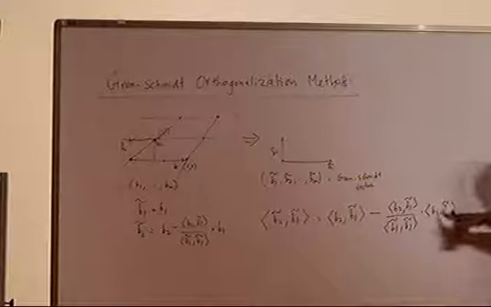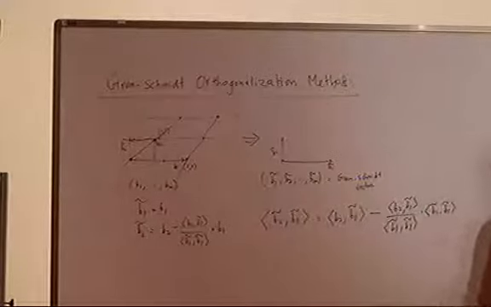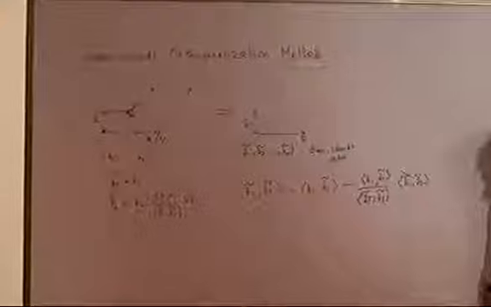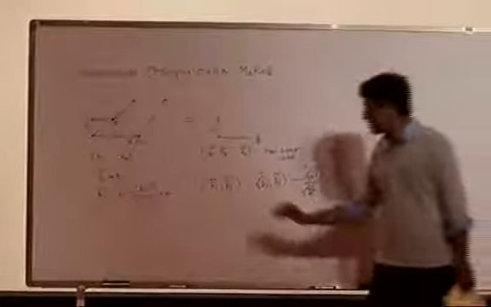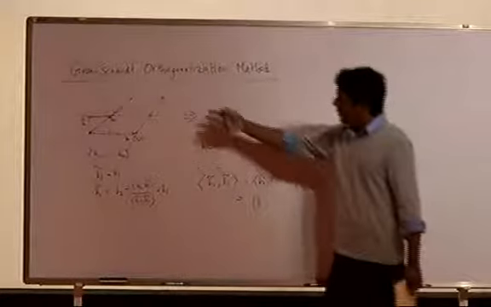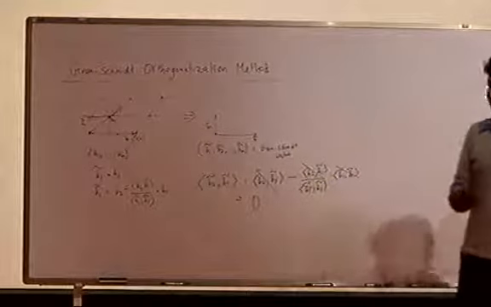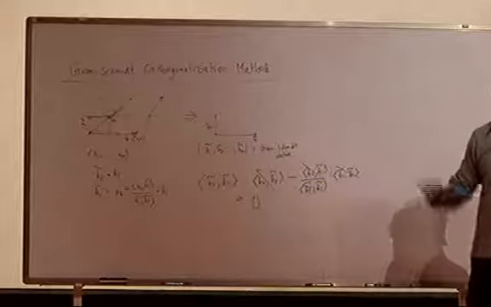Now B1 and B1 tilde are the same, so I might as well put a tilde on top. Now this is the same as this and gets cancelled off, and this is the same as this and gets cancelled off. So I get 0. It's actually easier to see this in a picture, and doing the algebra makes things a bit complicated, but these vectors are orthogonal, at least in 2 dimensions.